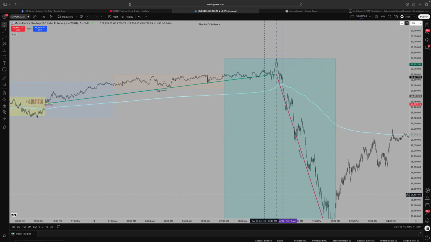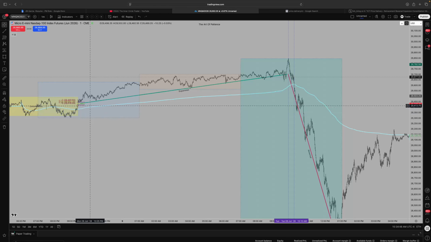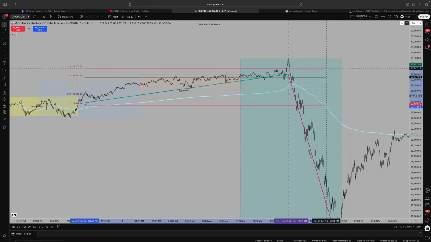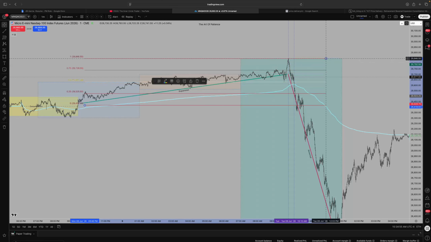But you can see how if we take the fib levels again, and if we measure the high of that expansion to that low, price opens below the midpoint. What happens? Price opens below the midpoint, boom, and then it dumped to the downside.